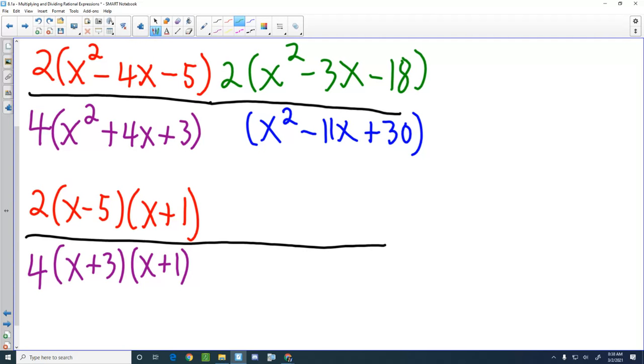Now go to that second numerator that I have in green. That 2 is still out in front. I need 2 numbers that multiply to -18 and add to -3. A -6 plus 3 would work. So x minus 6, x plus 3.